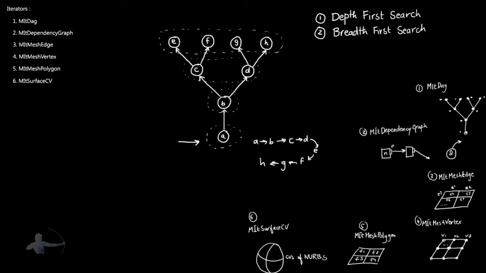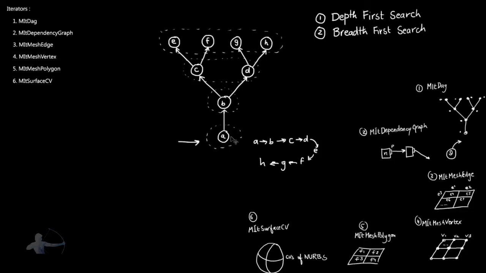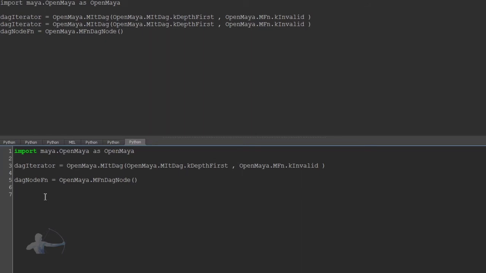In this way, using the functions provided with the Dag Iterator, we can check the depth level, and we can also check at what object it is iterating at this point. So if the iterator is at an object, we can find out the name of that object. Now we would start using those functions that come with a Dag Iterator.